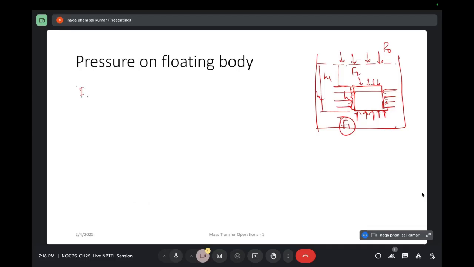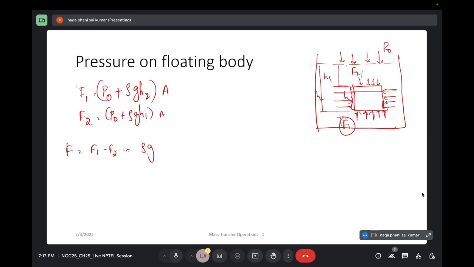So F1 will be equal to P naught plus, P naught is the atmospheric pressure, we need to consider that as well, P naught plus rho into g into h2, that is the height or depth of this liquid, h2, into the area of the body, and F2 is going to be P naught plus rho g h1 into A, that is the force acting from the top direction. Okay, so now the resultant force will be F is equal to F1 minus F2. So this will be equal to rho g into, because this gets cancelled out, right?